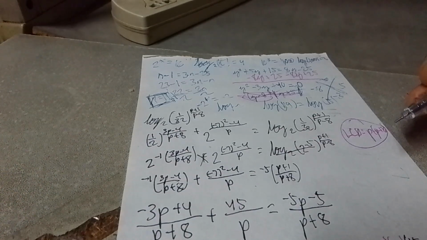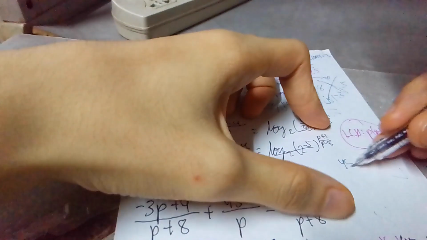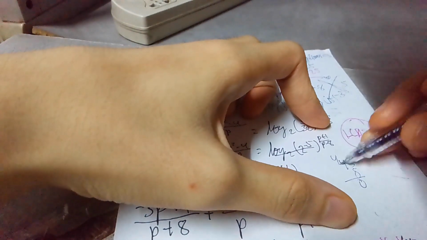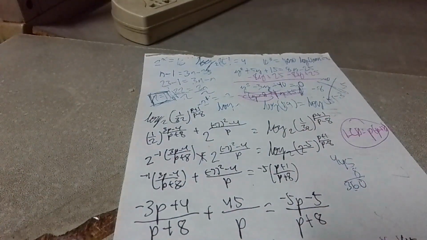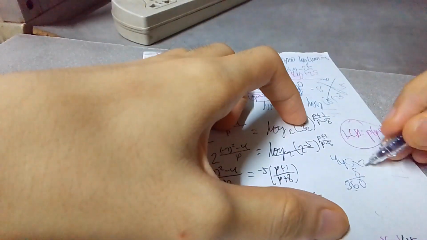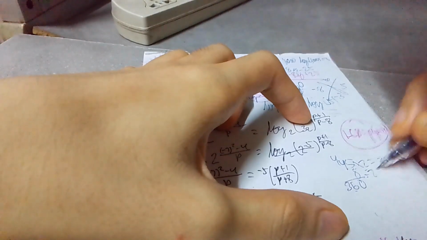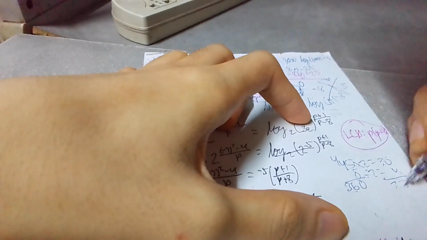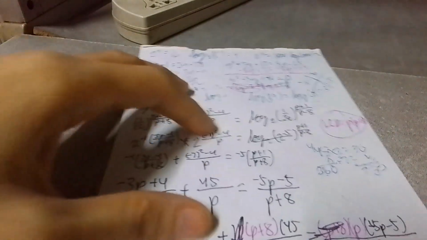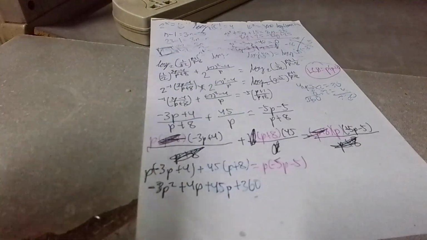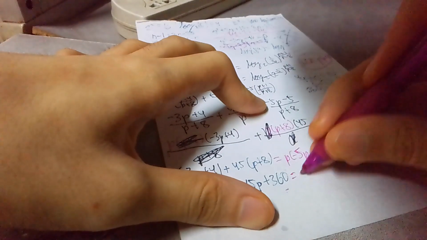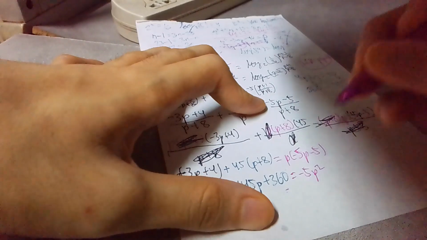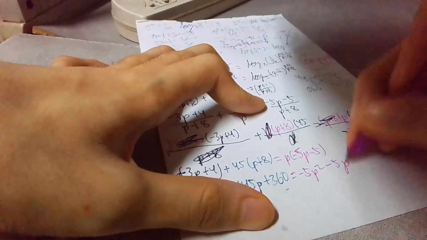You can just multiply that by 2 and this will give you 90. Divide that by 2 to give you 45. 360 din. Right? So 45p plus 360. And it's equivalent to negative 5p squared minus 5p.